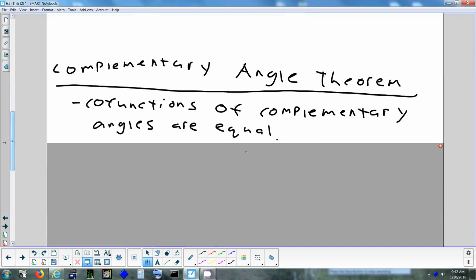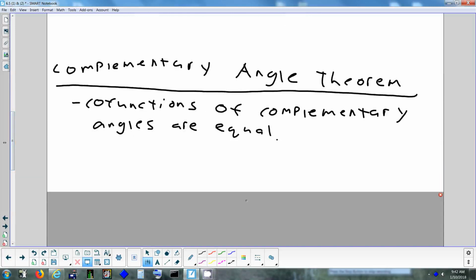So for this theorem to work, there's two criteria. One, you have to have cofunctions: sine, cosine, tangent, cotangent, or secant, cosecant. One of those three pairs I just said. And the other thing, the arguments have to add up to 90. So let's look at this. The sine of 15.